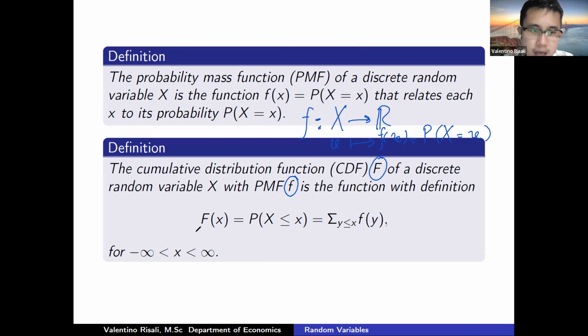This function is defined on all real numbers, so we must find this function for all x.